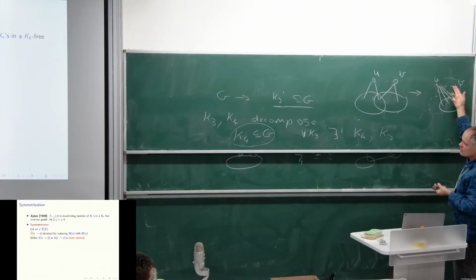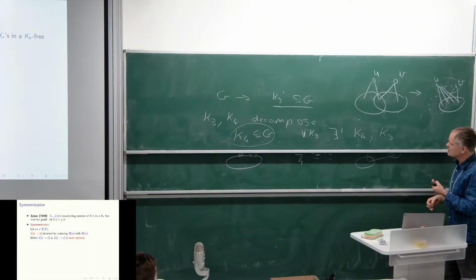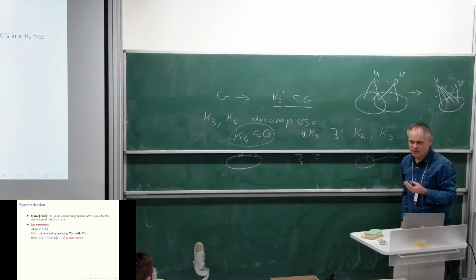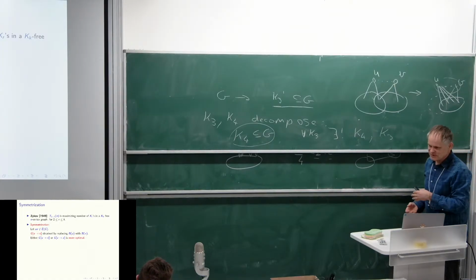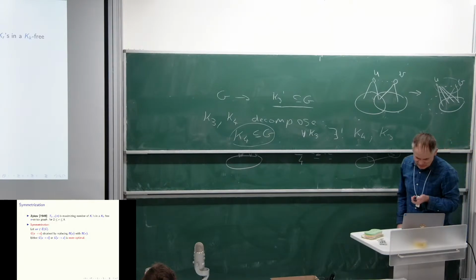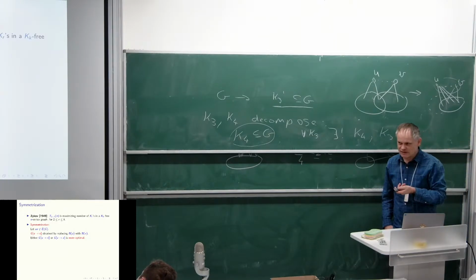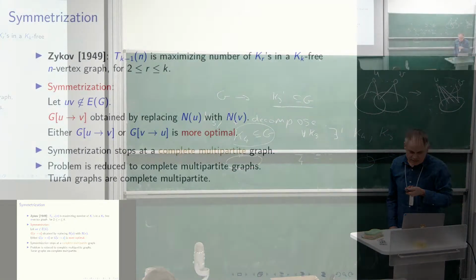Then we make sure that u and v are clones of each other, and we keep doing it, and at one point we arrive at a complete multipartite graph. If we reduce the problem to complete multipartite graphs, then we can do some optimization. So that's the idea, and that's what we do in our proof as well.